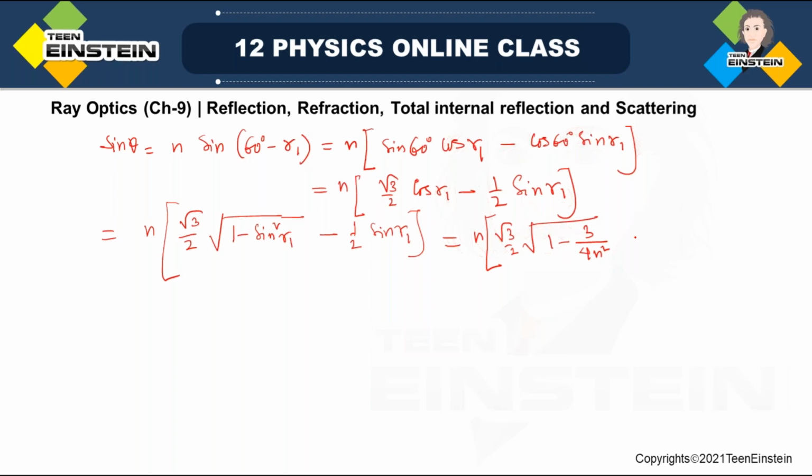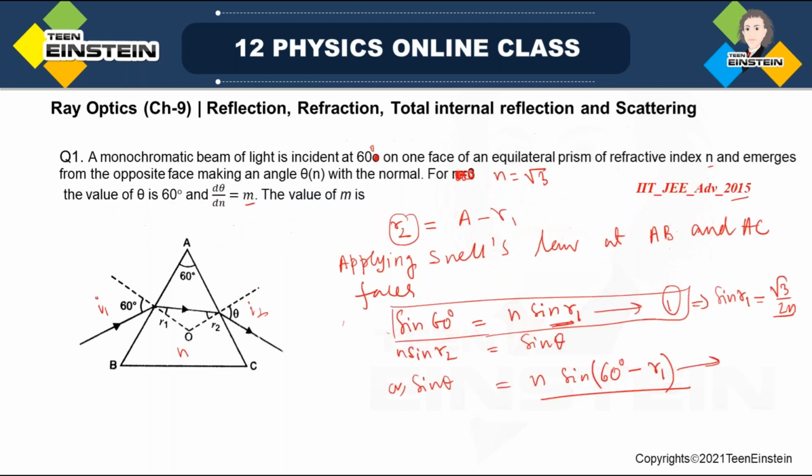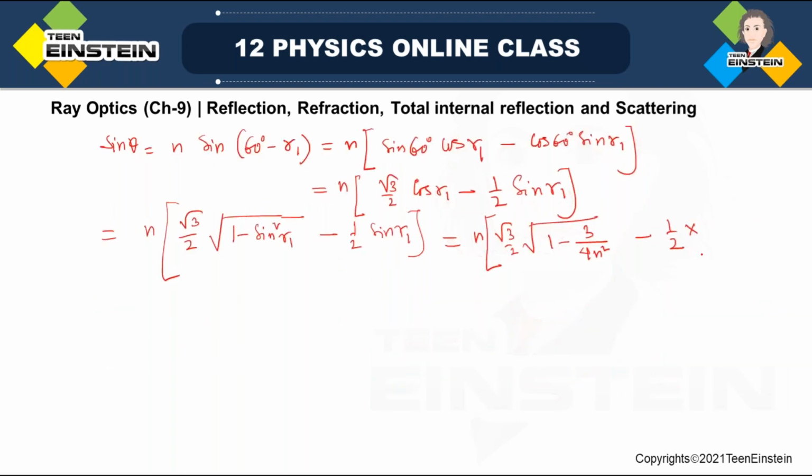Okay, and here it will be half, and this value is root 3 by 2n. Now further we can do a little bit of simplification. Root 3 by 2, then this could be written 4n square minus 3 divided by 2n.